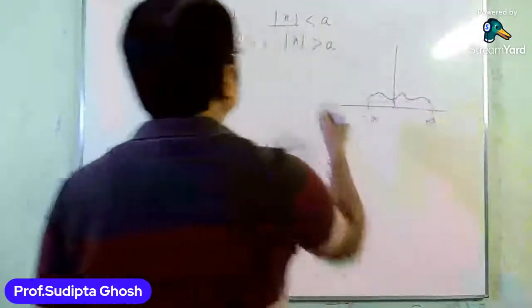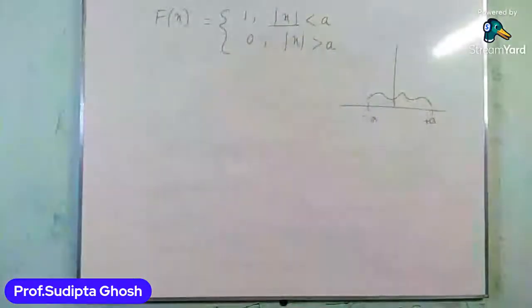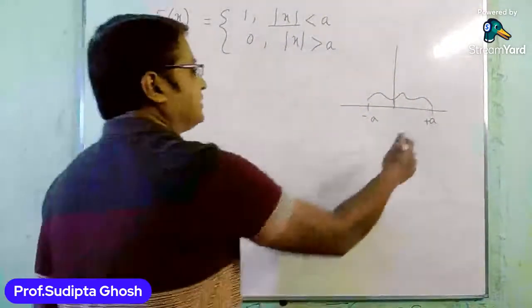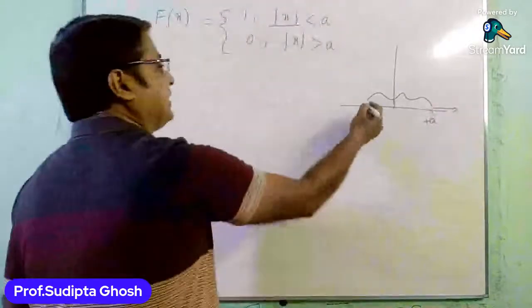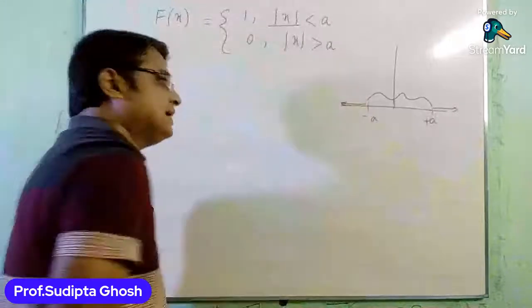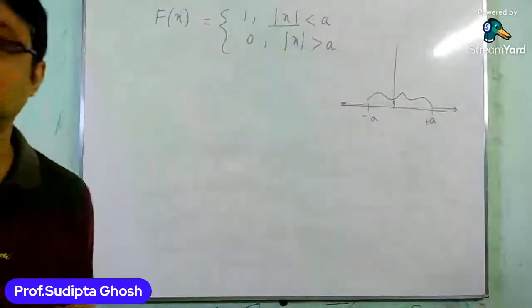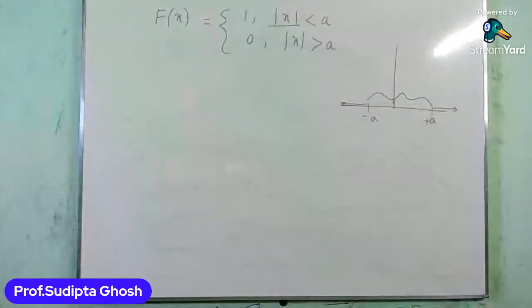This is the range where the functional value is 1. And mod of x greater than a means the region where x is greater than a or less than minus a, in which the function itself is 0.